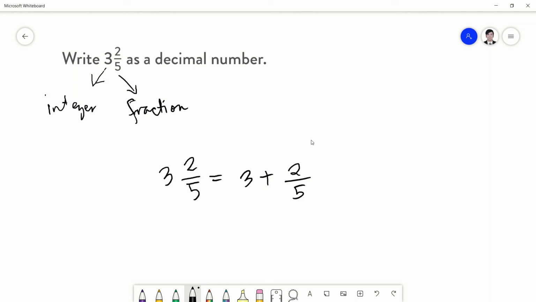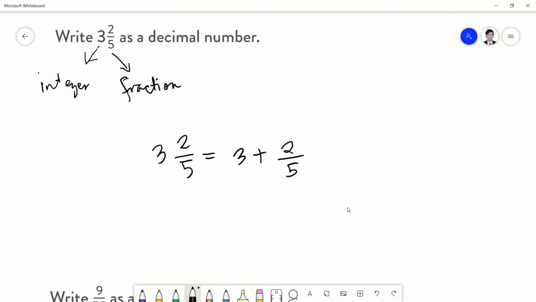Now our next concern is how will we write 2/5? If you try to remember, we don't have fifths as a place value in decimal. So what do we do here?